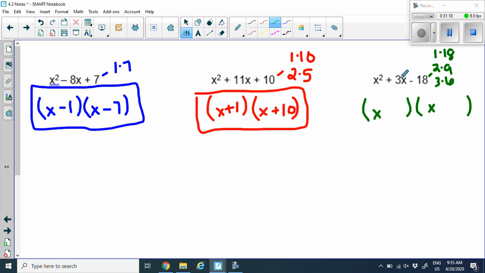To do 3, it looks like it needs to be 3 and 6. Because my 3 is positive, that means the larger number needs to be positive, and my smaller is going to be negative, because 6 minus 3 will still give me 3. And when I do negative 3 times 6, that gives me negative 18. So this is the correct factorization.